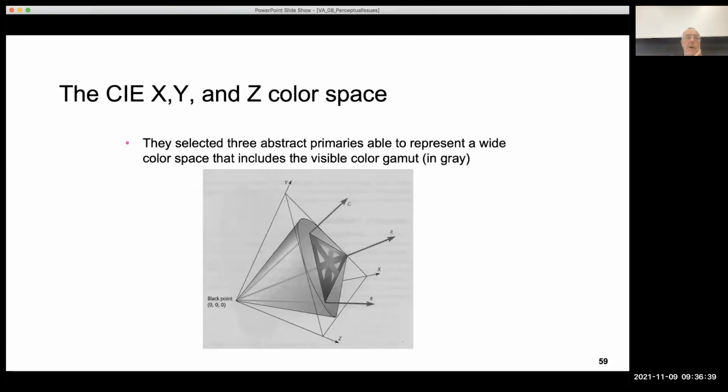So the French Commission started to investigate different color spaces. This one that you see is the RGB, and you can see that this is the set of colors you can define, but the set of colors that you can perceive is larger. So they used three abstract primaries, X, Y, and Z, that are not visible.